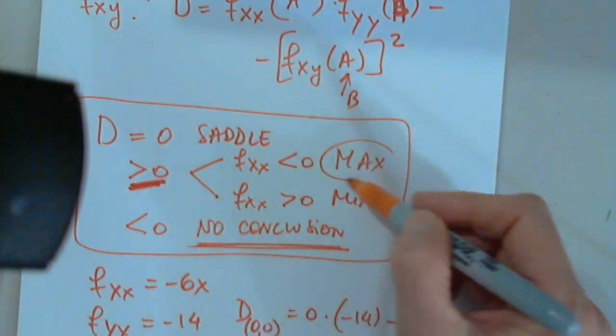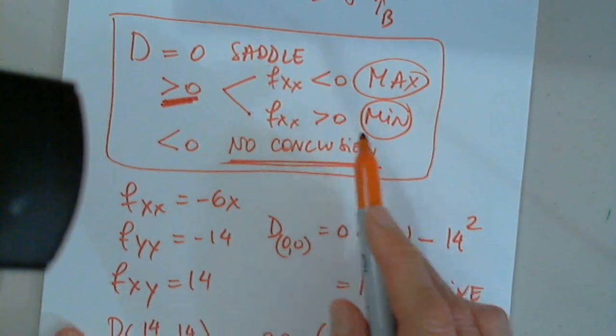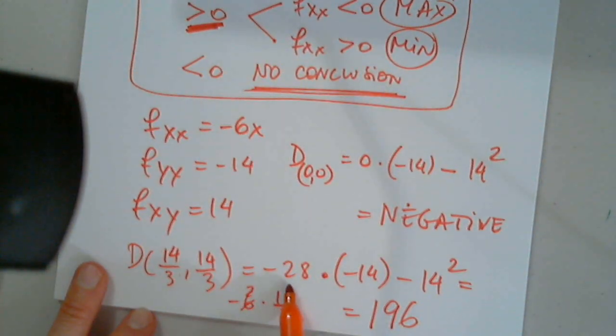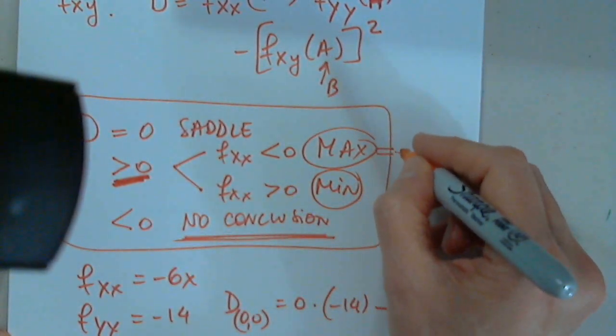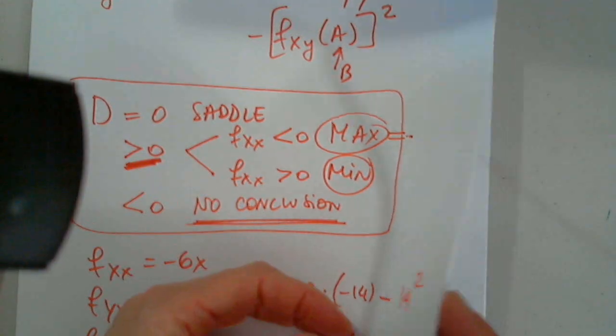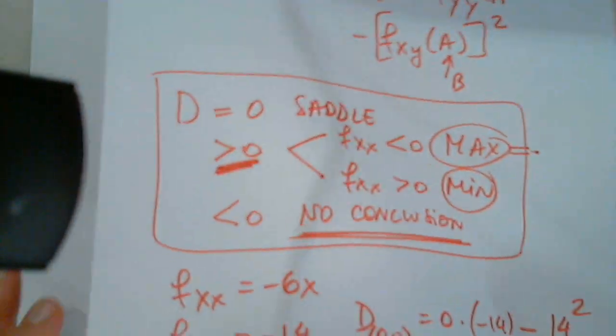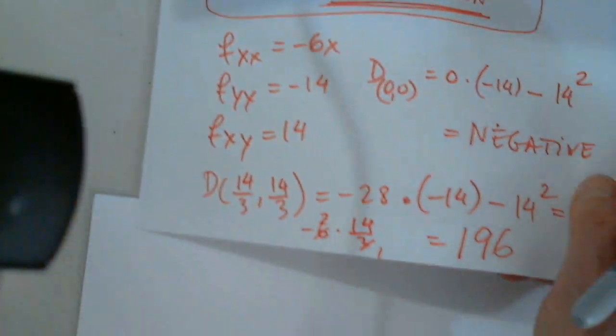Now we have to analyze whether fxx is negative or positive. fxx is negative. It's this number. So because it's negative, it's the maximum situation. So I was right. That's the final answer. And I can even determine the maximum.